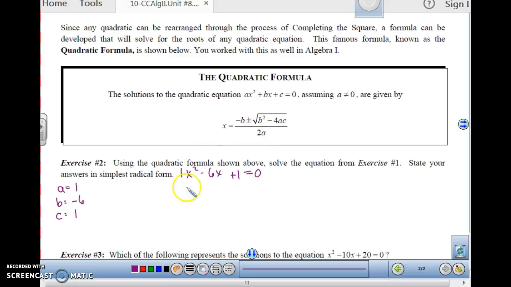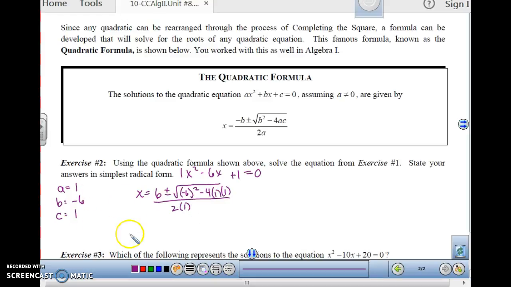So following your formula here, x is equal to -b, which, if it's already -6, is going to be +6, plus or minus the square root of b squared, -6 squared, minus 4 times 1 times 1, all over 2 times 1.